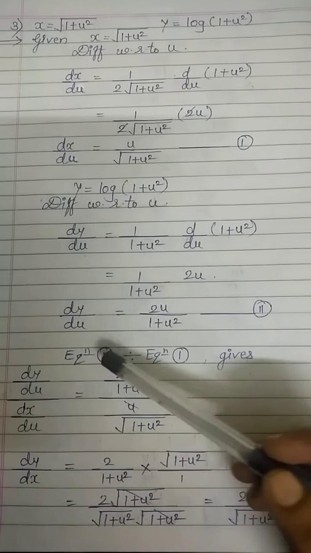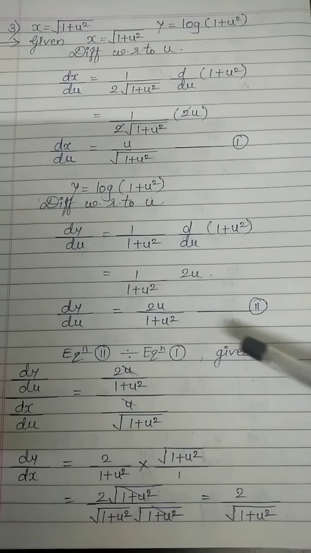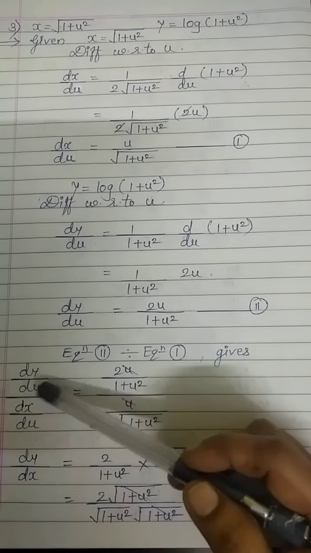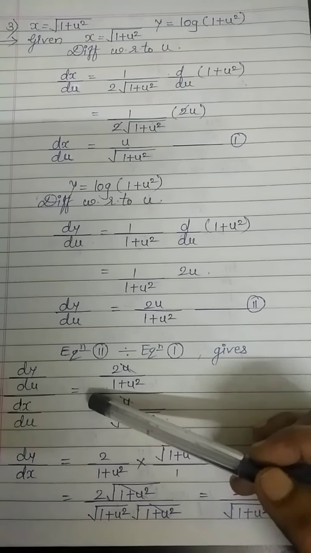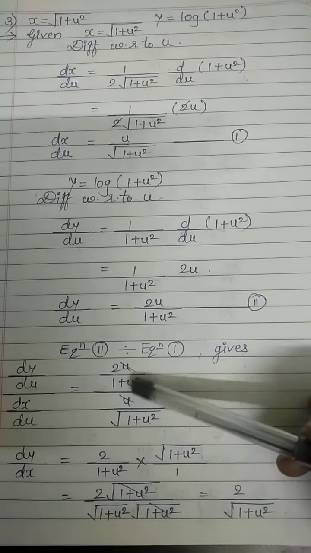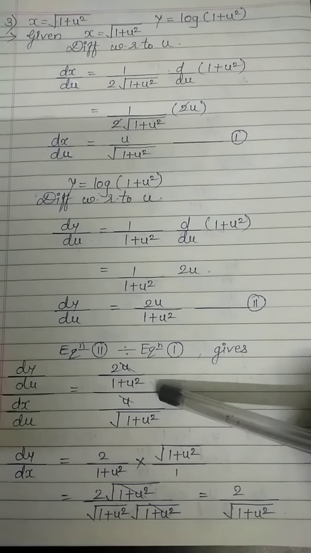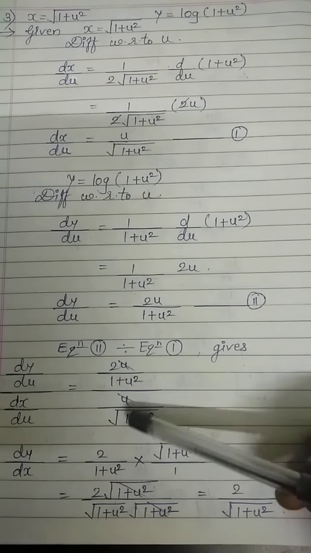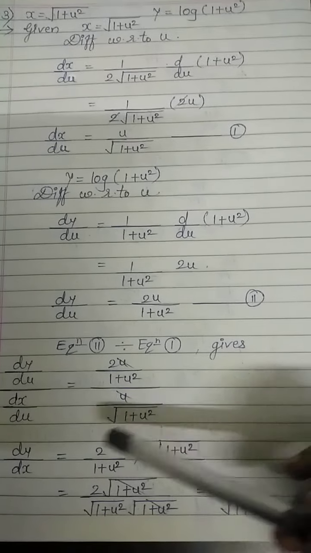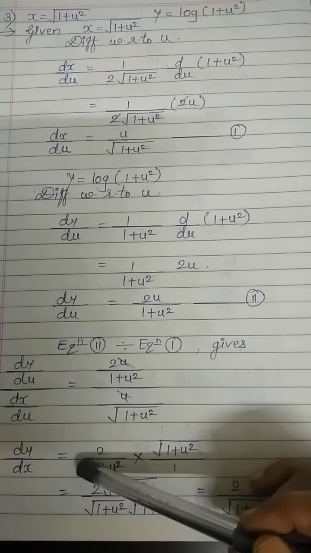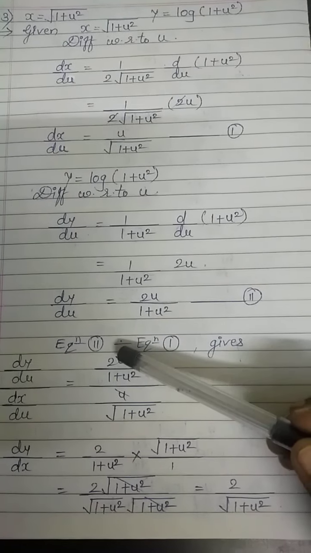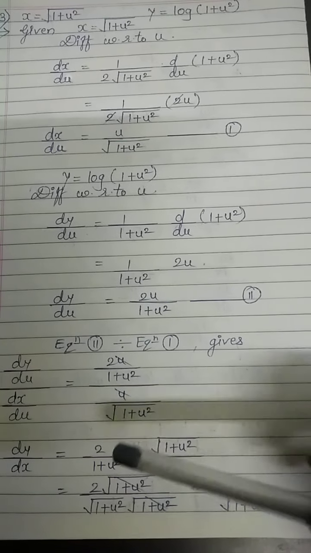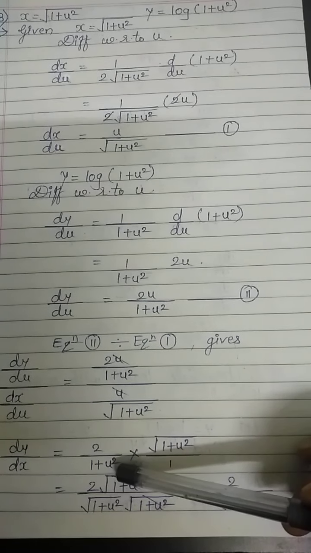Now equation 2 divided by equation 1 gives us dy by du upon dx by du is equal to 2u upon 1 plus u square, the whole upon u upon under root 1 plus u square. So dy by dx is equal to, here u will get cancelled, so 2 upon 1 plus u square.